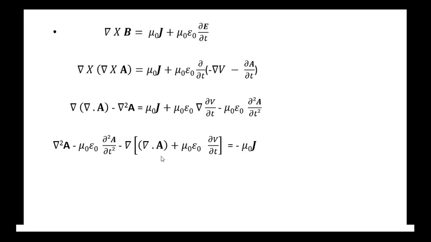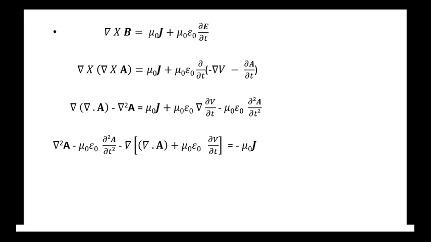This expression also represents the Maxwell's equation, that is del cross B is equal to mu 0 J plus mu 0 epsilon 0 dou E by dou T itself, but in terms of V, that is a scalar potential, and A, that is a vector potential. So these two equations are important for us for the coming sessions.